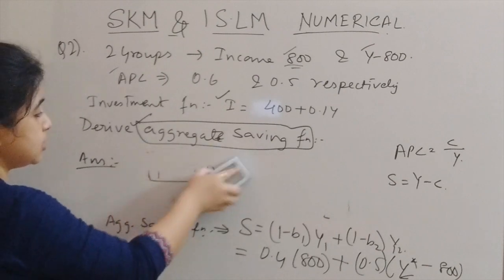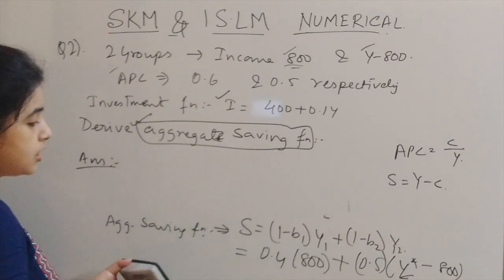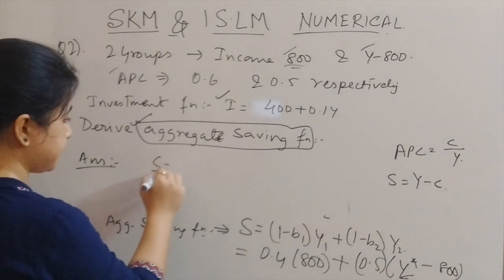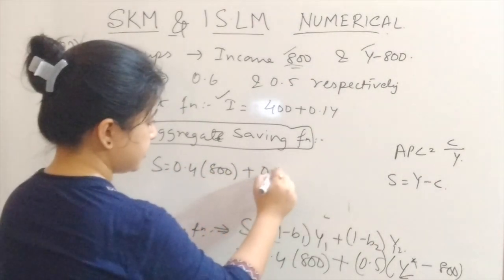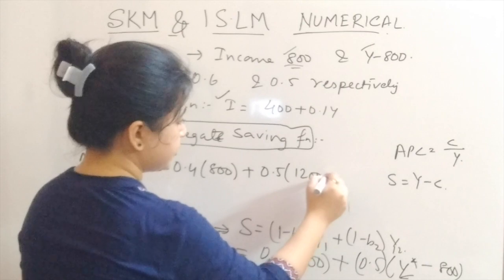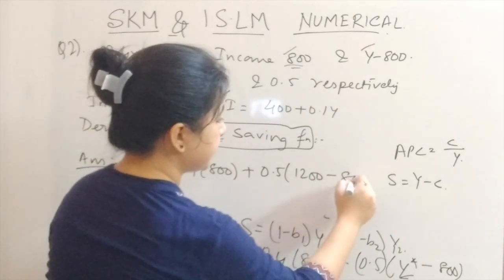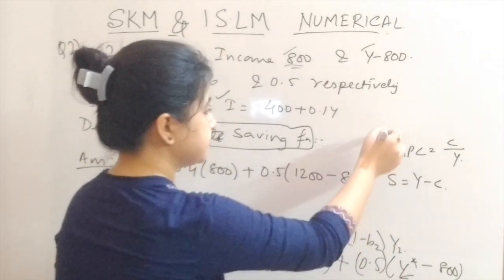And after substituting, the equation looks like this: 0.4 times 800, plus 0.5 times (1200 minus 800).